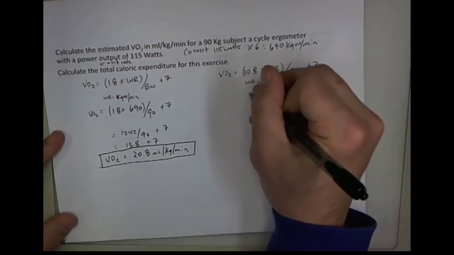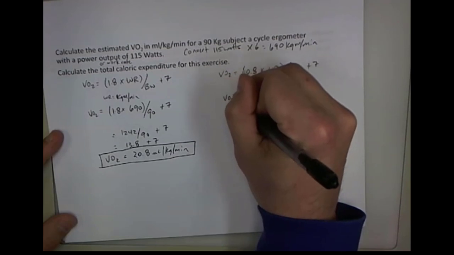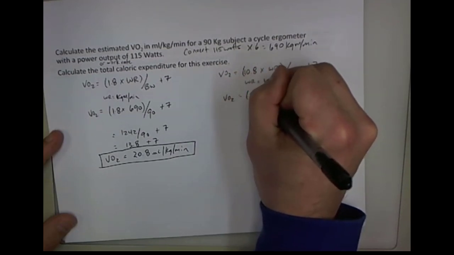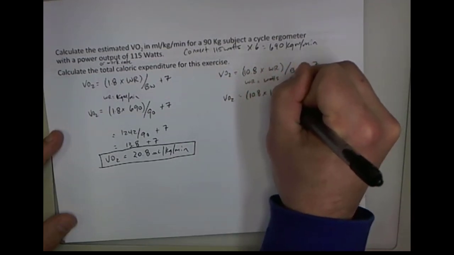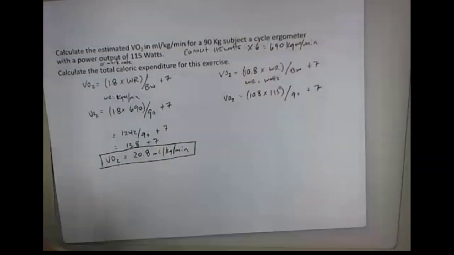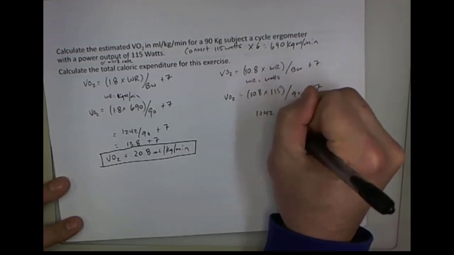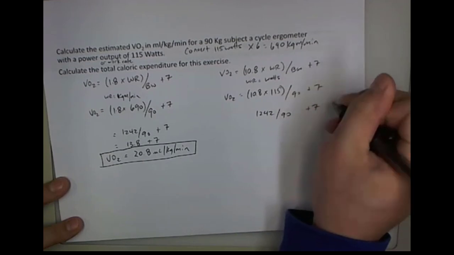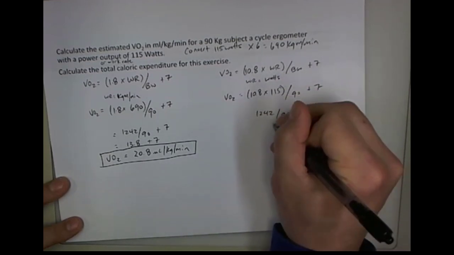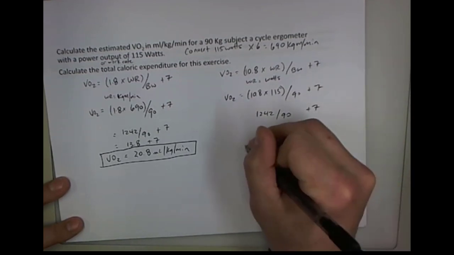We can come over here and do the same thing. So VO2 equals 10.8 times 115, our work rate in watts, divided by 90 plus 7. 10.8 times 115 gives you 1242 divided by 90 plus 7. 1242 divided by 90 is 13.8 plus 7.